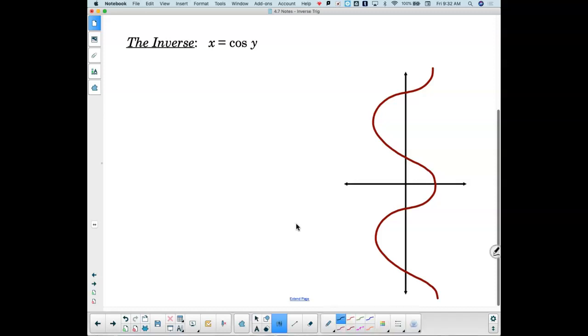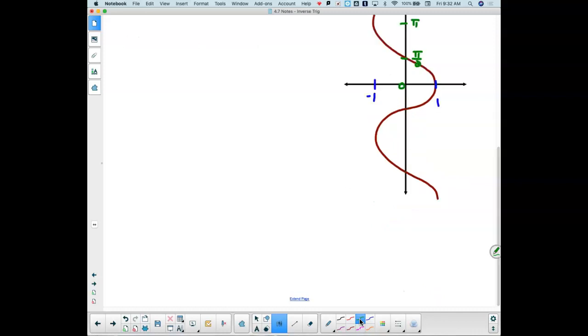Now we can put some labels on here. So this goes out to -1. This goes out to +1. This is 0, pi over 2, pi, 3 pi over 2, 2 pi. Extend that out a little bit. Negative pi over 2, negative pi, negative 3 pi over 2, and negative 2 pi.